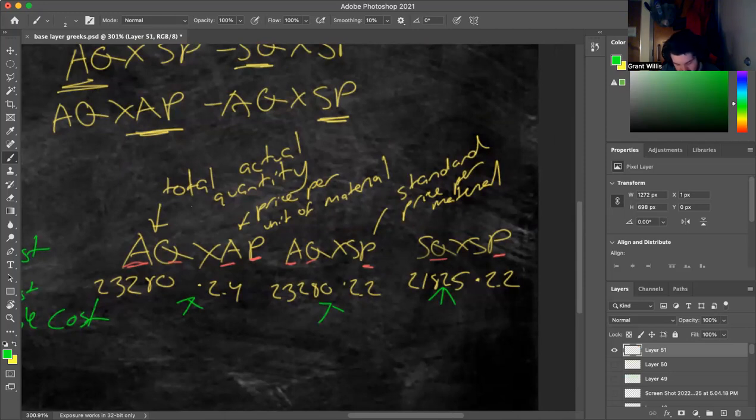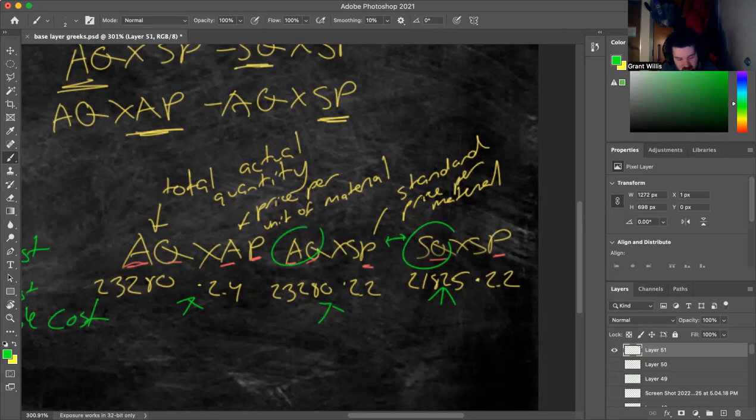On it, you said AQ times SP minus SQ times SP. You should just think about it logically, right? Efficiency has to do with quantity. We're changing the quantity of each one, so it makes sense why we're taking the difference.